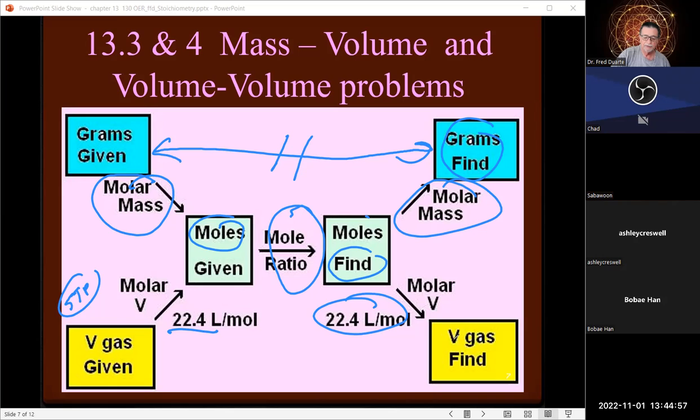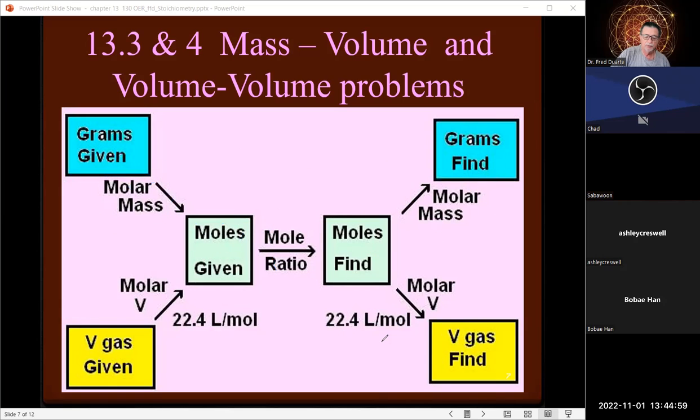Now let me clear my mess up. So there's multiple ways to go here, and it all depends on the question. I mean, we can start off as a gas, and we need to go to grams.